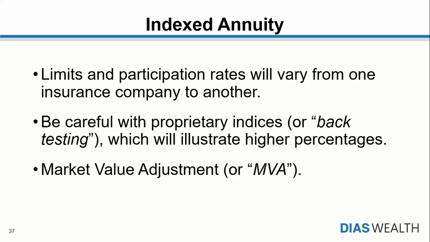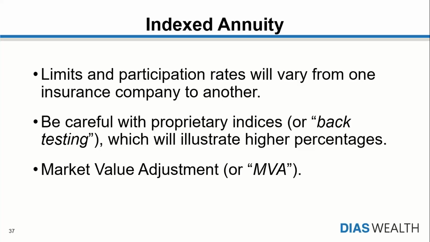Be very careful with what I call proprietary indices or indexes, or the term is back testing or back casting. What this does a lot of times is what I call illustration manipulation. And there's currently one insurance company that's going through a lot of issues because of this.